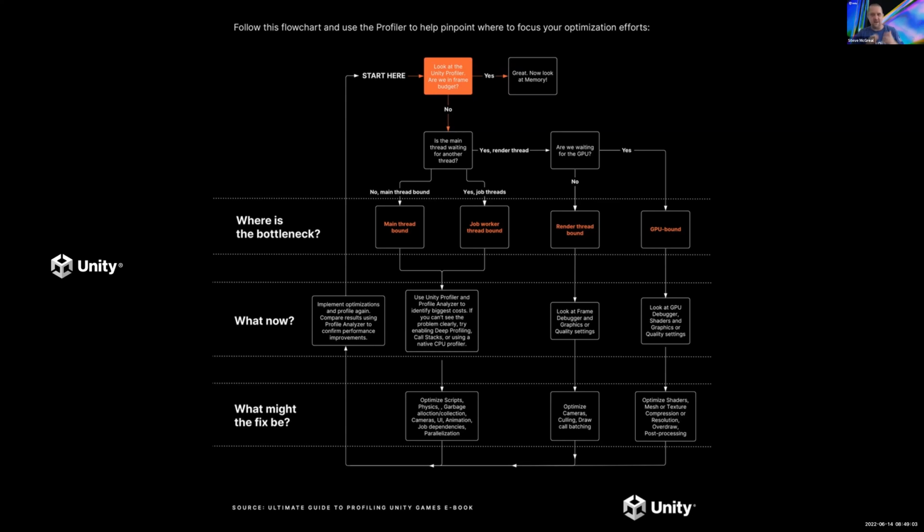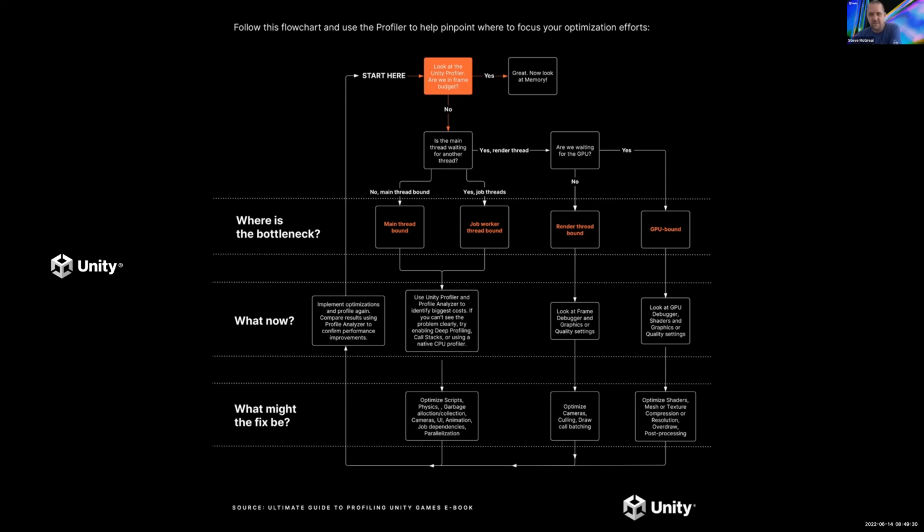If you're GPU bound, maybe look at fragment shaders. If you're CPU bound on the main thread, maybe that's more about your game scripts. It's unlikely that you're going to improve GPU performance by making changes to your game scripts, and vice versa.